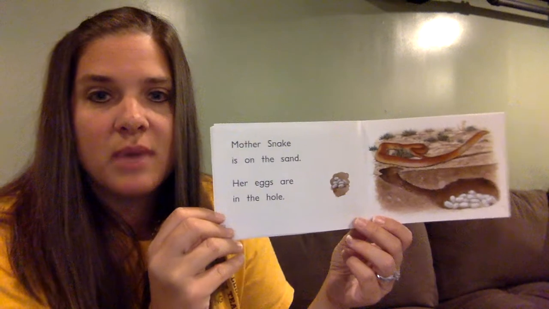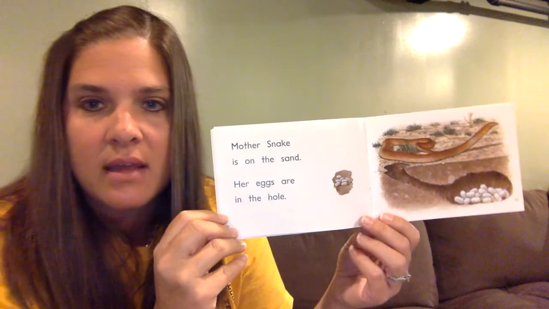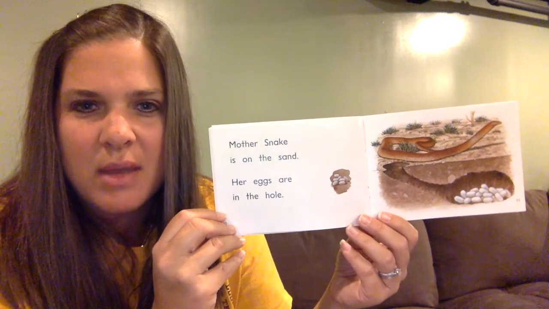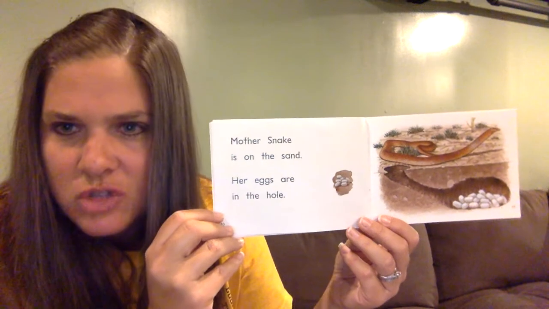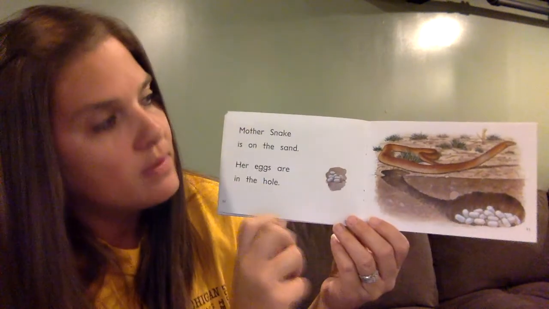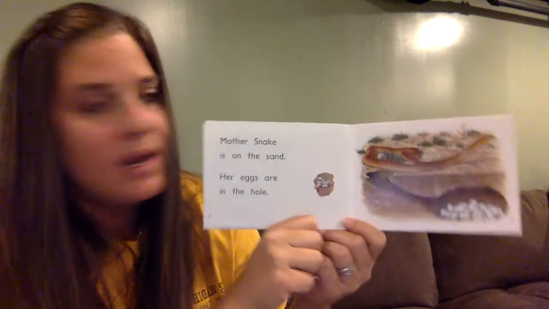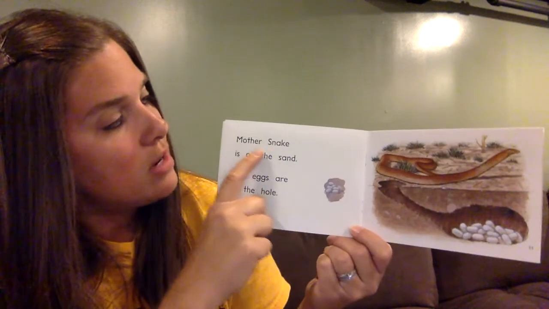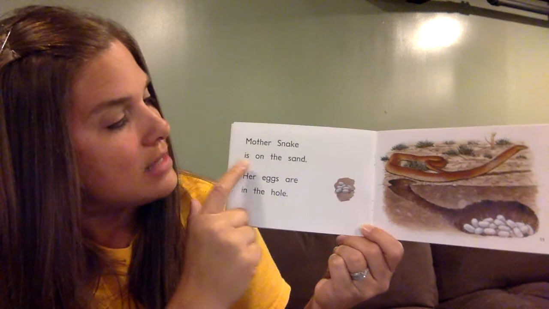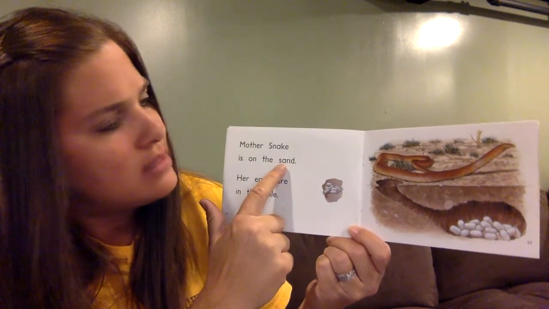Oh, this next page. Oh, that looks like a pretty big snake. I see the snake maybe, I don't know, on the dirt, on the ground, and I definitely see some eggs down there. So I'm going to make sure that I get all of my reading powers ready. Mother snake is on the, oh, I was guessing dirt.